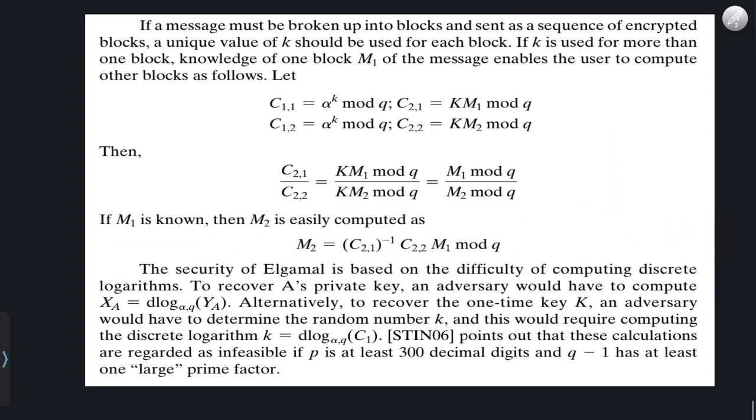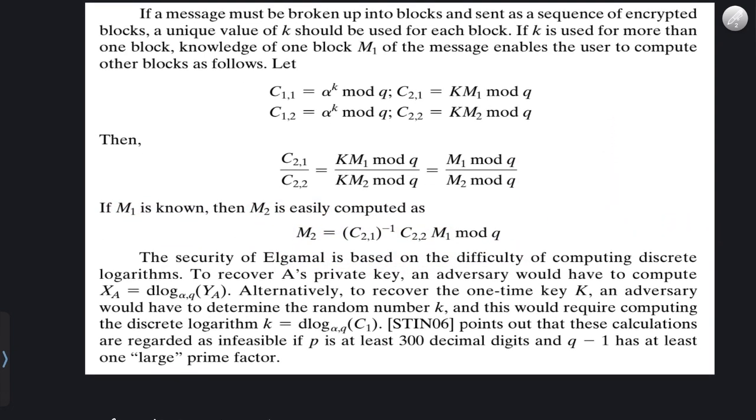Next, speaking from the security perspective, the cryptosystem's security relies on the difficulty of computing the discrete logarithm problem, that is DLP. To recover Alice's private key XA, the attacker should know how to solve it. Next, to recover the one-time key, the attacker would need to solve for the k value again.